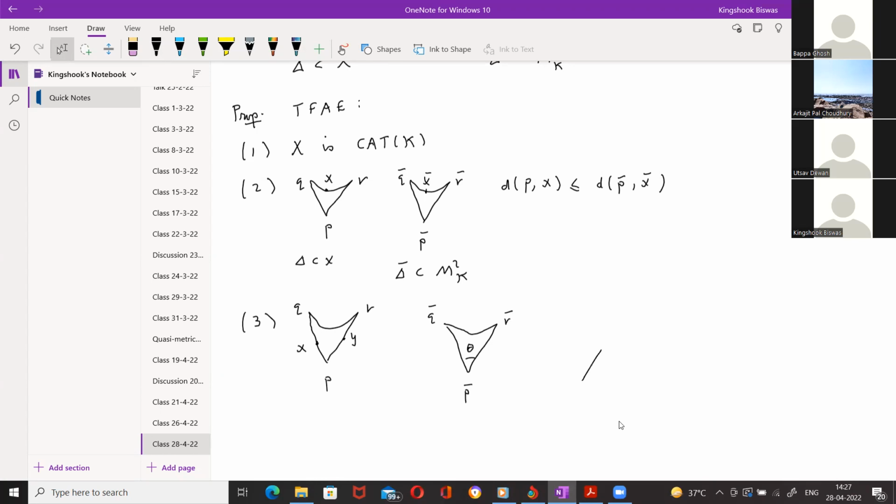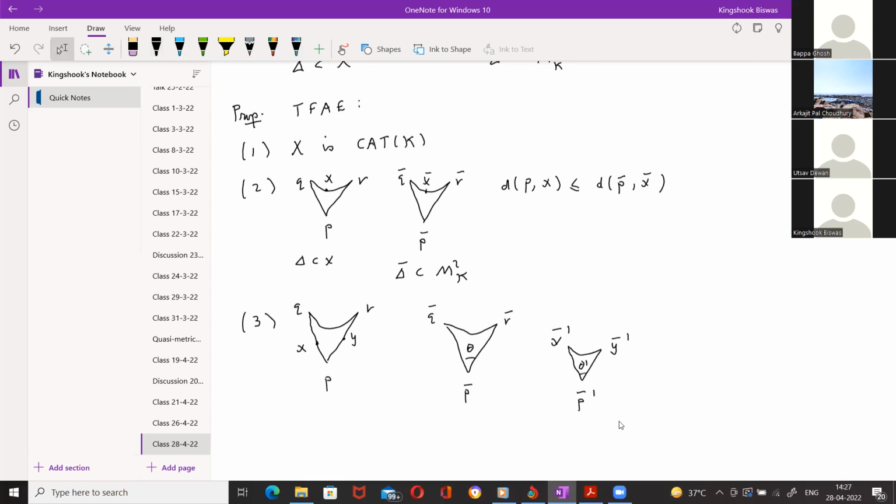And I take another small comparison triangle, P bar prime, X bar prime, Y bar prime, for the triangle PXY. Okay. So then I get another angle theta prime.